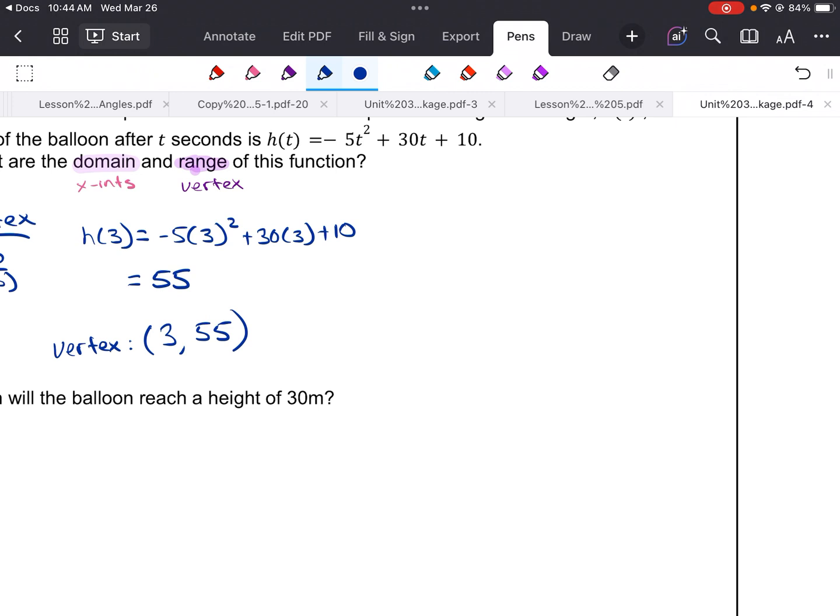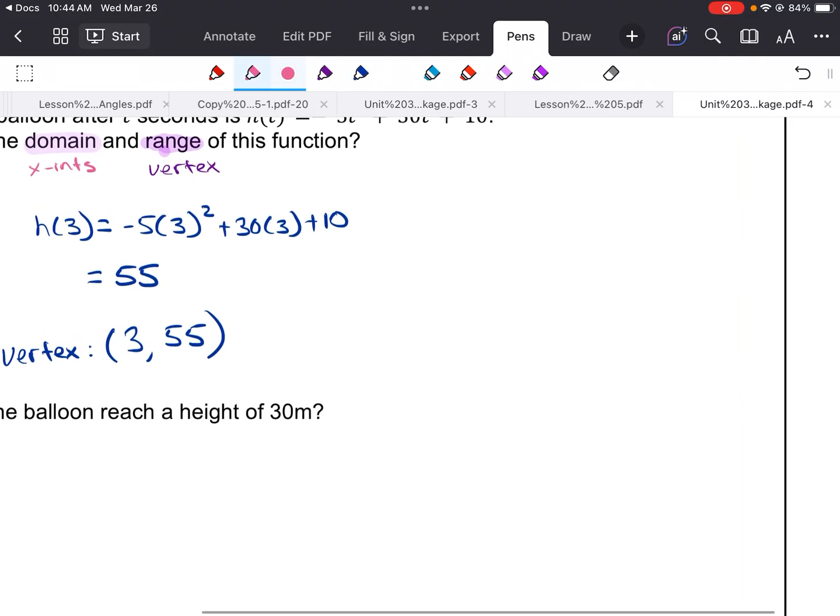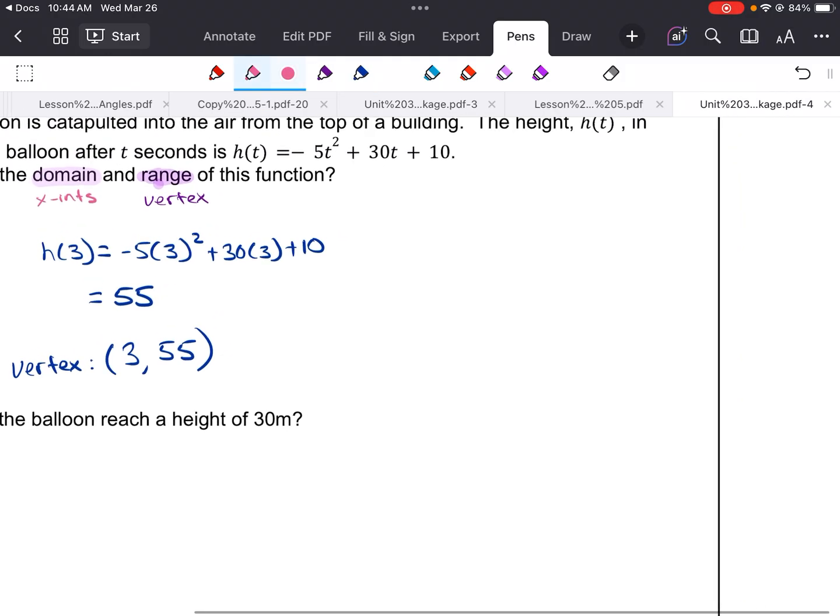Okay, and since we've already done quadratic formula, I'm going to put this information into vertex form and show you how to find the x-intercepts from there. Okay, so vertex form, so we have h(t) equals, so our a value does not change, negative 5 times t minus 3 squared plus 55, so the vertex occurs at 3 seconds and has a maximum of 55.